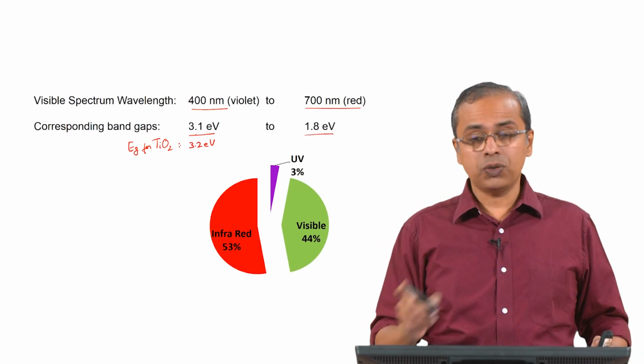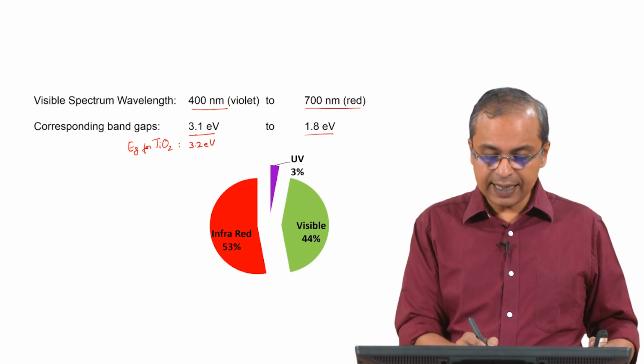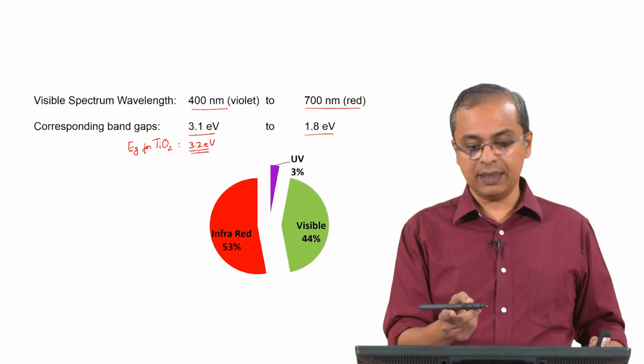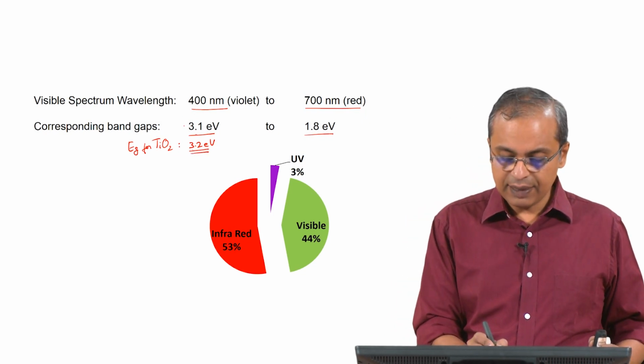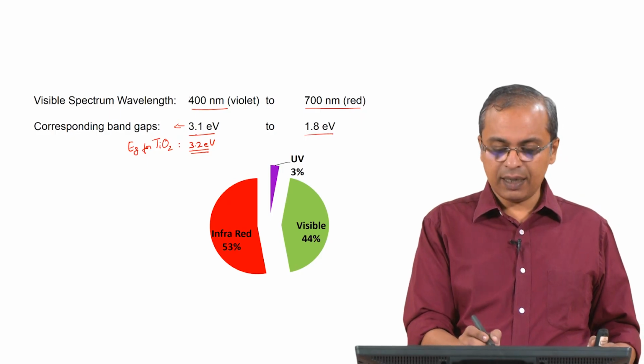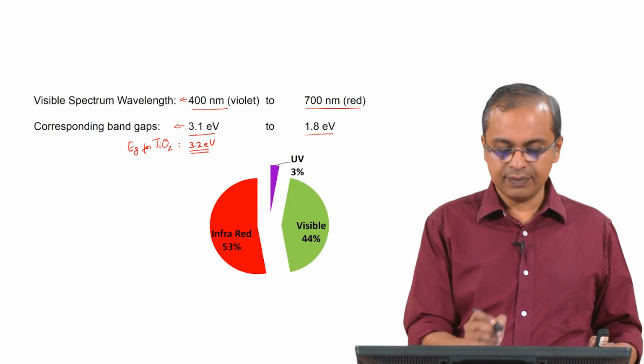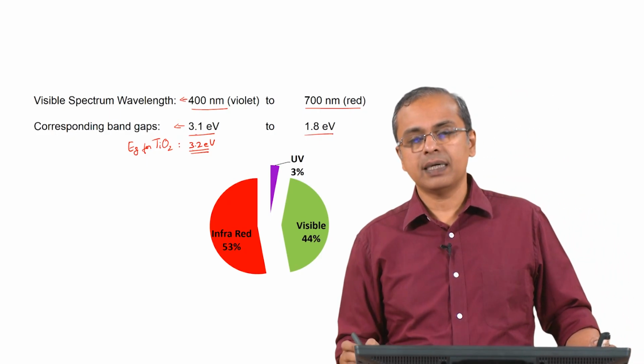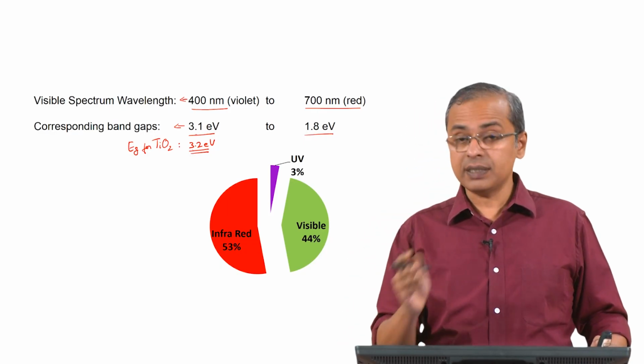So, it means you have to have a photon of energy greater than 3.2 electron volts to do the transition, which means it is of energy level higher than this and wavelength values lower than this, which basically means you are looking at not the visible spectrum.